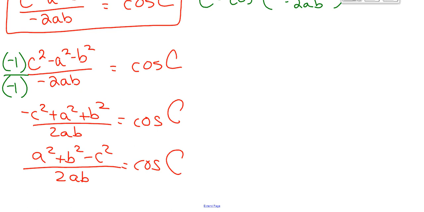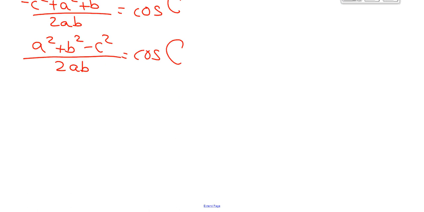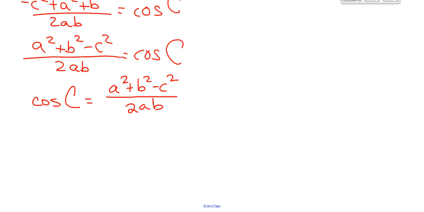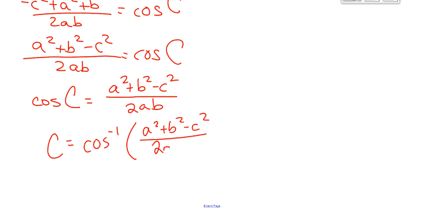And you'll see that that's the one that our book authors give here. So if we want the cosine of c, or we want to find angle c, it's a squared plus b squared minus c squared all over 2ab. And then c is the inverse cosine of a squared plus b squared minus c squared all over 2ab.